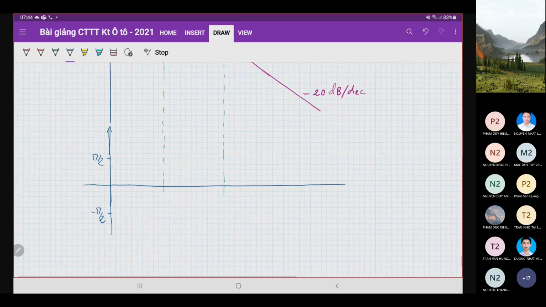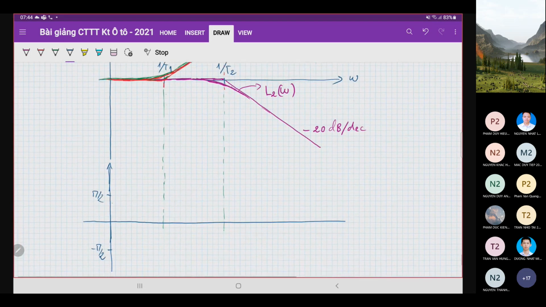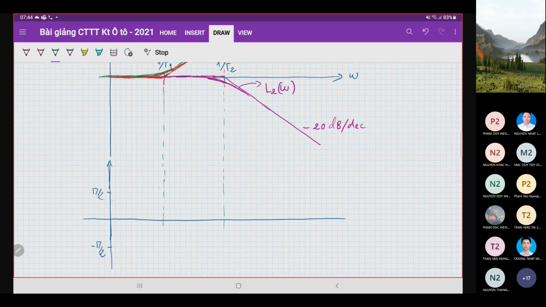For the first one, the phase varies from 0 to pi over 2.